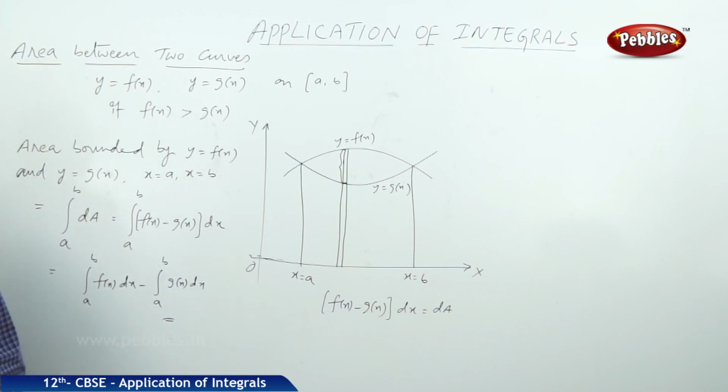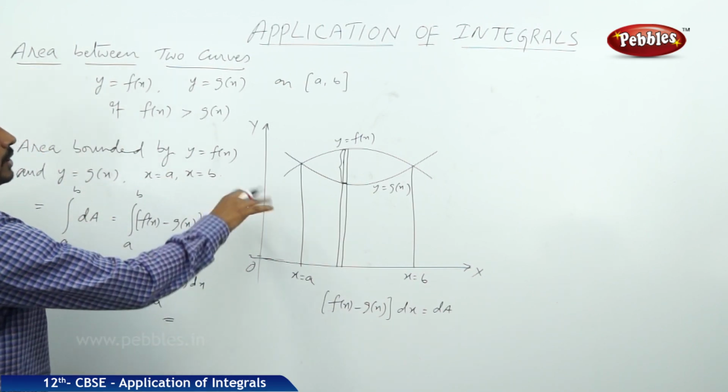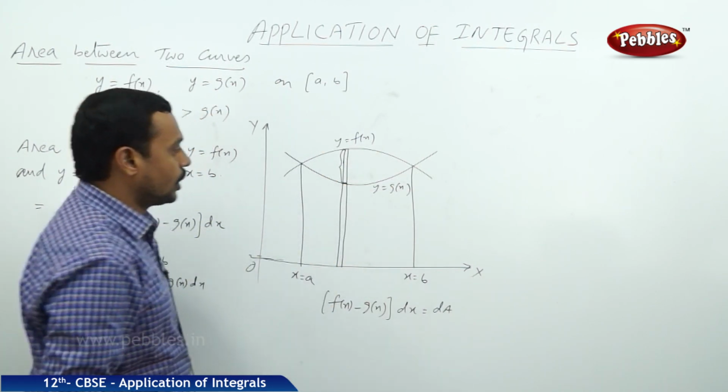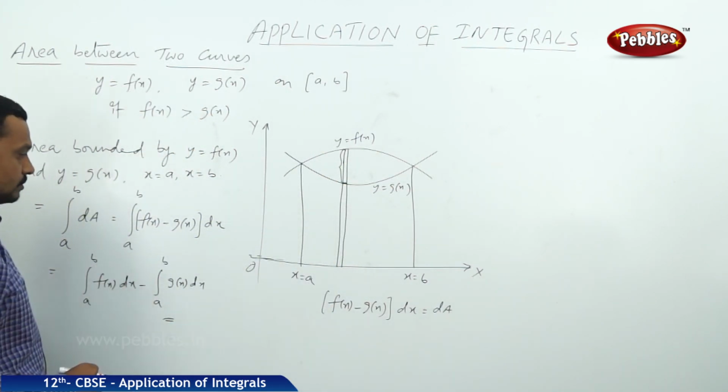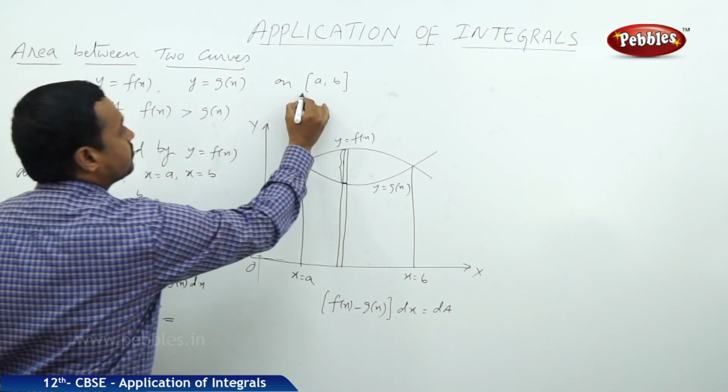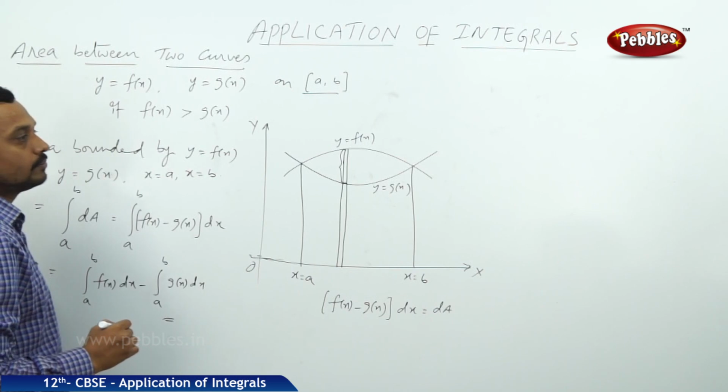Therefore, by using this concept we can determine the area bounded by the two curves, if f of x is greater than g of x on this particular interval a to b.